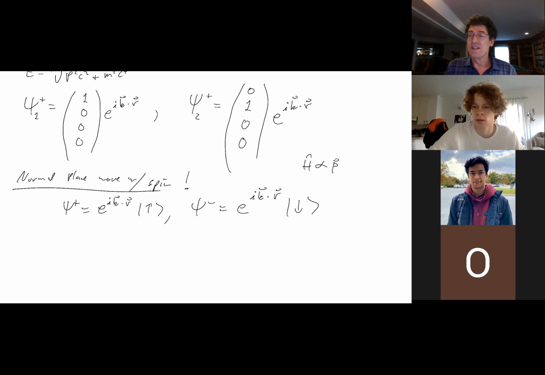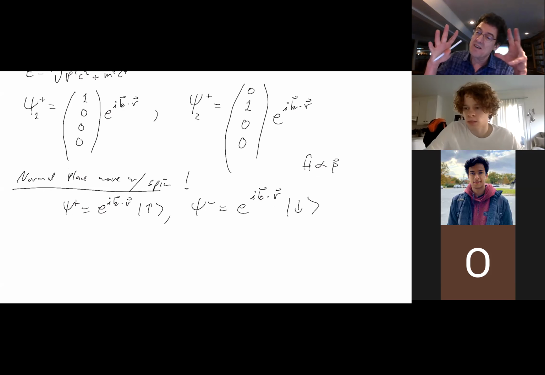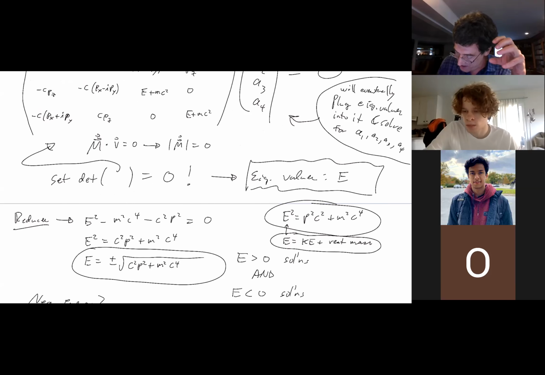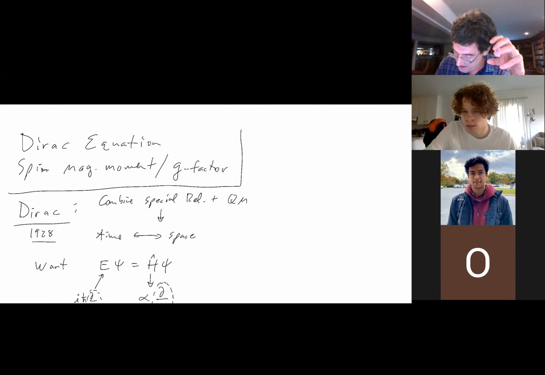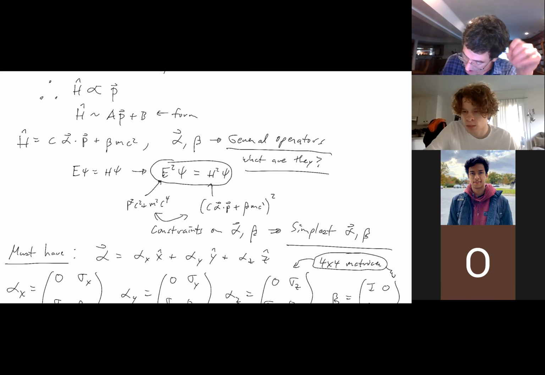That's a great question, because remember how I said that alpha and beta are 4x4 matrices, and these are the simplest solutions to the constraints that we derived last lecture? These are the constraints. This is the starting point of everything right here.